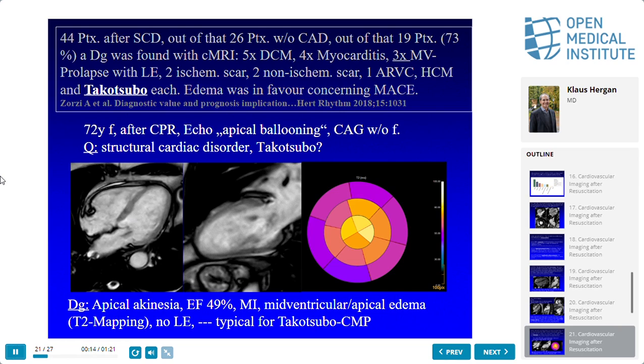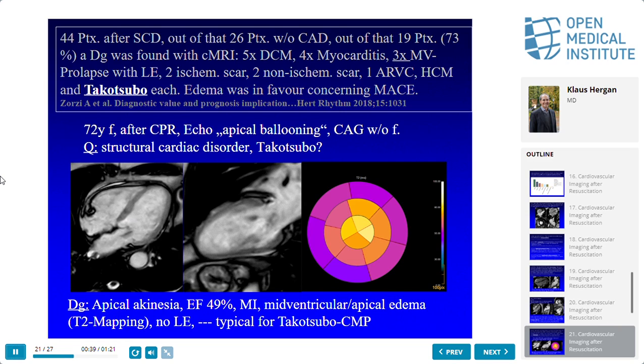This was a patient, 72 years old, female. This is a classic age for that disease, and she had a resuscitation, and they found in echo this apical ballooning, which is a classic finding in Takotsubo cardiomyopathy. At the coronary angiography, they had no finding, so they wanted to know if there's something else there.